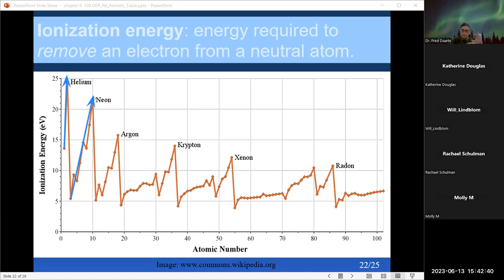Again, you're going across from metals on the left that readily give up their electrons. And as you go across to the nonmetals, they're going to hold on to the electrons much greater than the metals. So when you go in the direction of neon, the ionization energy goes up, okay? Until after neon, you go down to sodium.